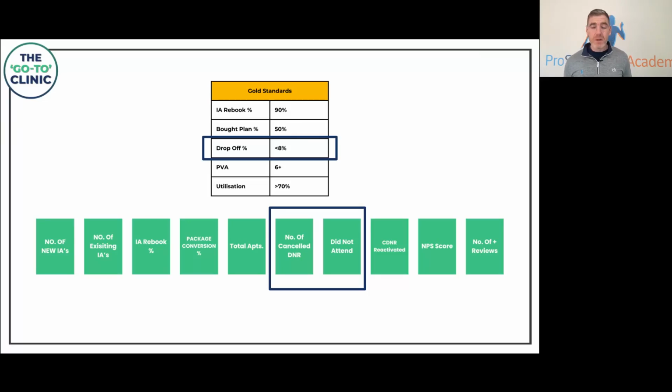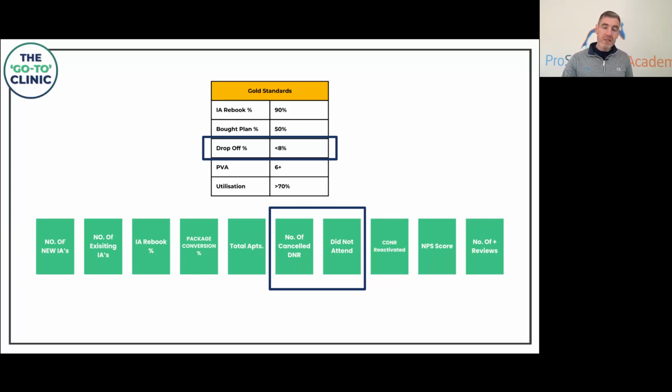Again, that may vary a little with your own clinic, but within our own clinic and other clinics we've mentored and coached, 8% is a fair number. You could argue that it should be less than that, but that's the metric we have, and it's the metric we strive to improve. So we want that to be less than 8% essentially.